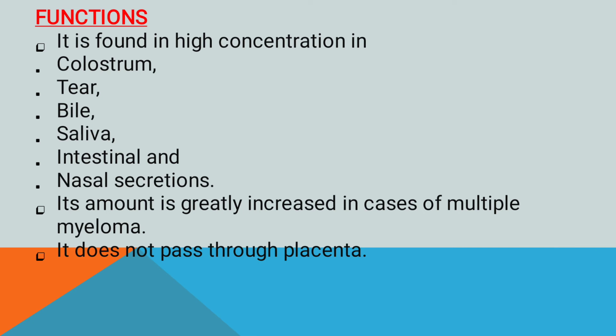Coming to the functions, it is found in high concentration in secretions like colostrum, tear, bile, saliva, intestinal and nasal secretions. The amount of this immunoglobulin is raised in cases of multiple myeloma, which is a cancer of the plasma cells, and this immunoglobulin does not pass through the placenta.